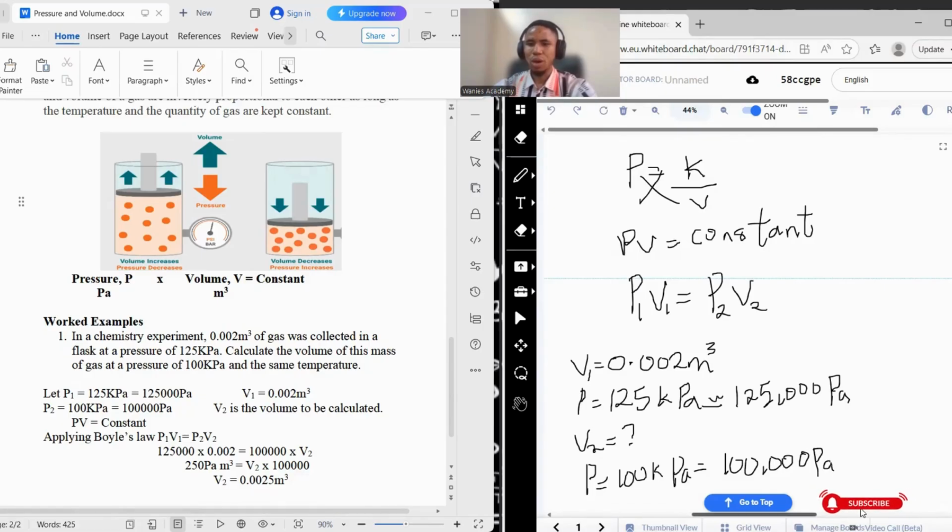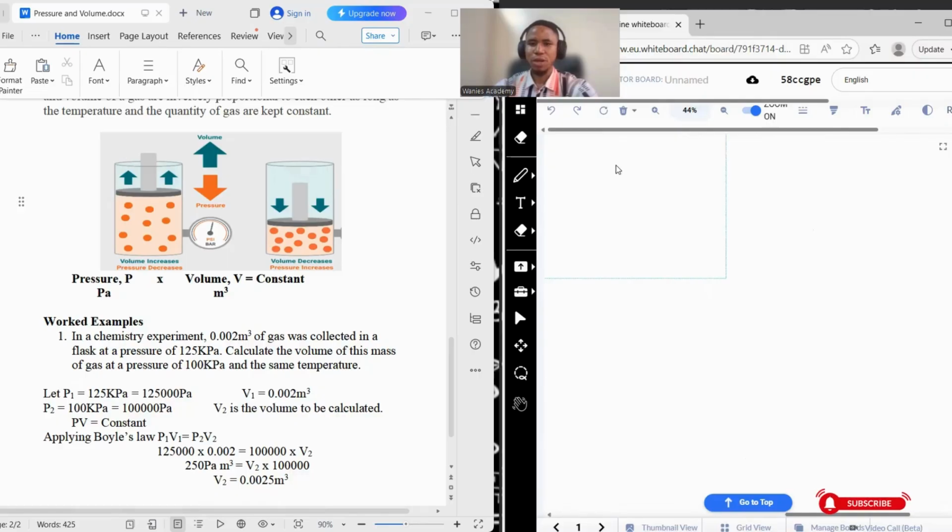Okay, so now, how do we solve that? We still remember the formula, which is P1V1, that's the first scenario, equals P2V2, that's the second scenario. Both of them are equal because we have a constant. So what is the value for P1, the first pressure? It is 125,000 multiplied by the first volume of the gas, which is 0.002, equals, what's the second pressure?